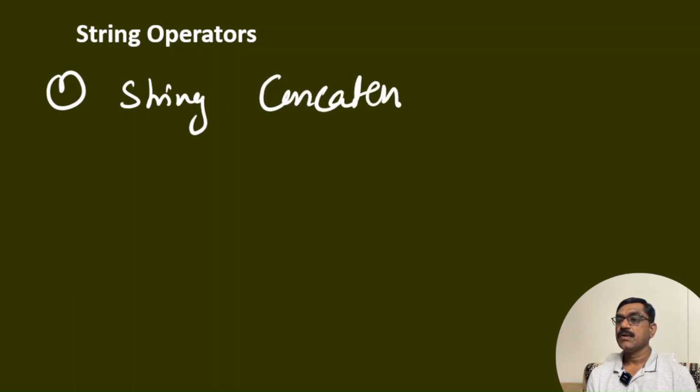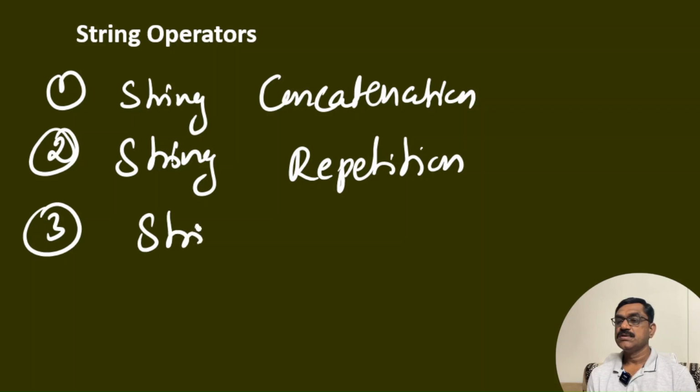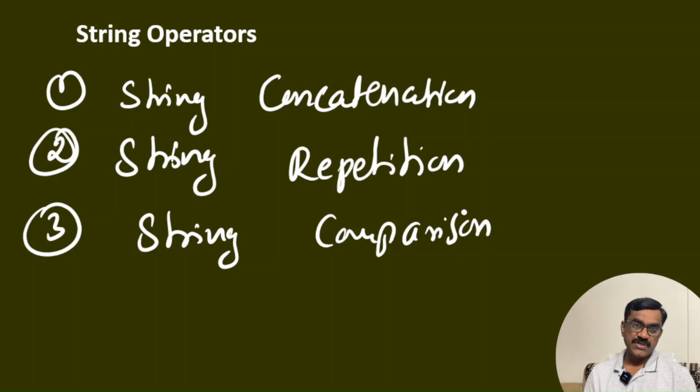Under this, the first one we are going to talk about is string concatenation, and second one we will discuss here is string repetition, and third one we will discuss is string comparison operators. There are more string operators in Python, but in today's class we will cover string concatenation.